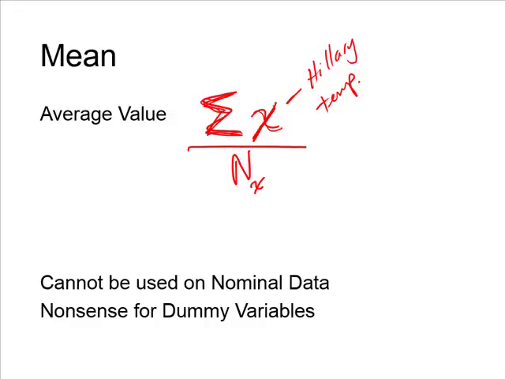And we're going to take that number that we get, and then we're going to divide it by the number of x's, which equals the number of respondents that we had. So I can get an overall number of whether or not people liked or disliked Hillary Clinton.